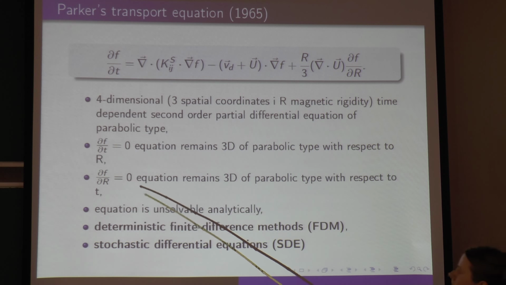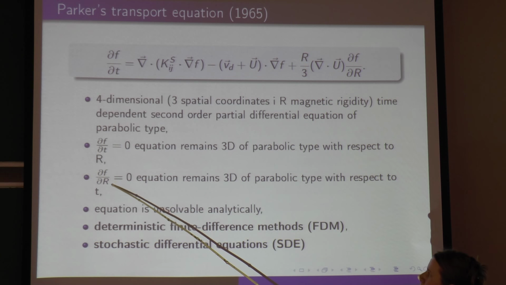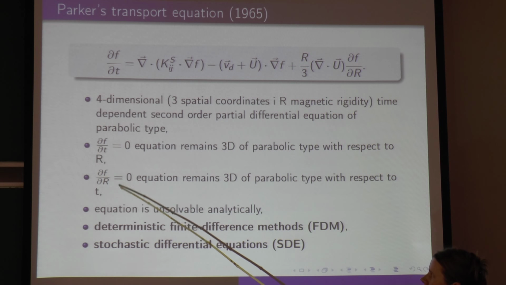And if we assume the derivative with respect to magnetic rigidity equals 0, this equation also remains a parabolic type with respect to time. This equation unfortunately is not solved by analytical way, so we employ numerical methods.